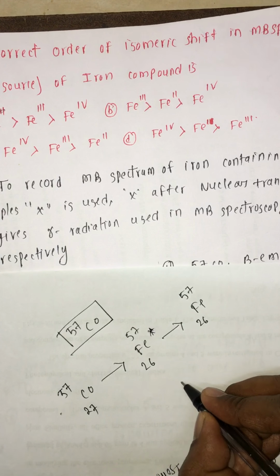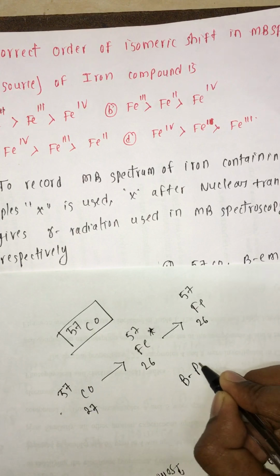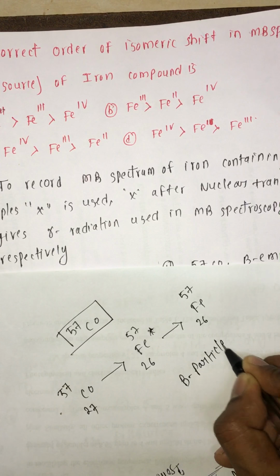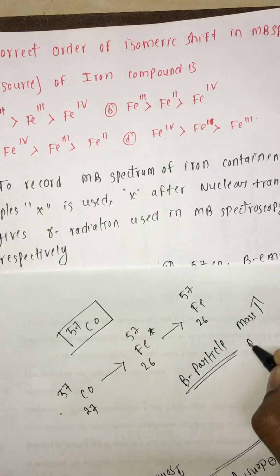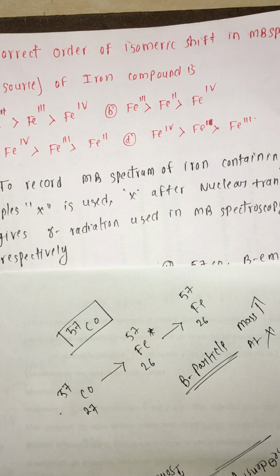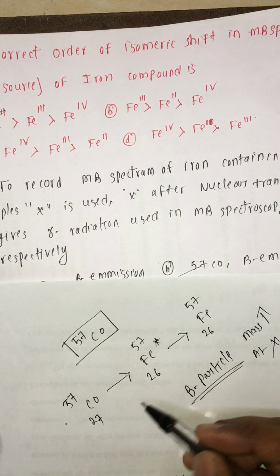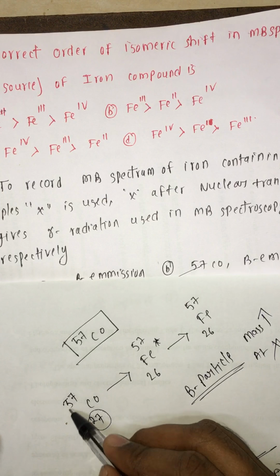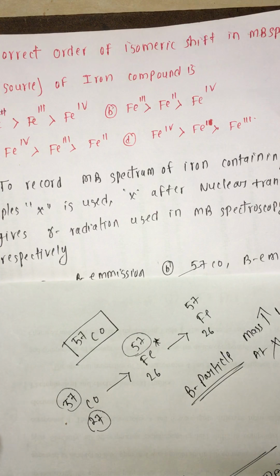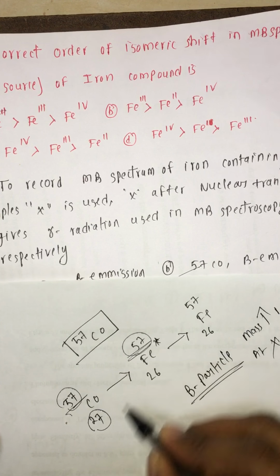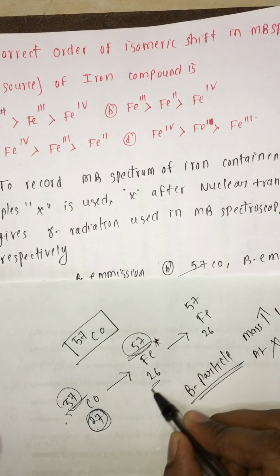If a beta particle is emitted, the mass number will increase by 1 unit and the atomic number will not change. Here the mass number is not changing, so the atomic number is decreasing by 1 unit.